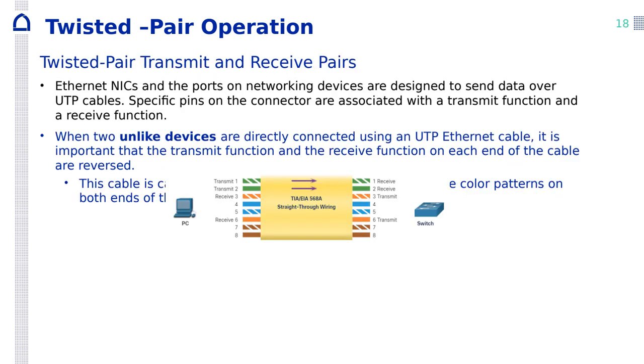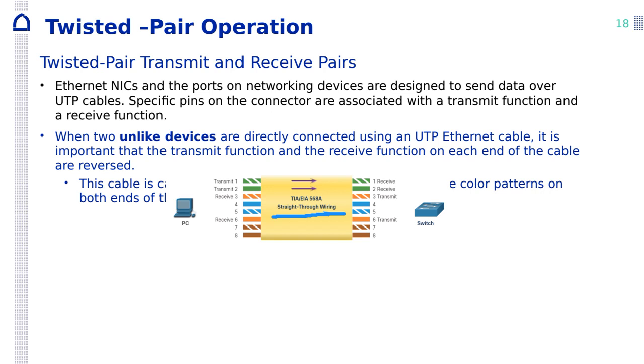This is the operation. We talked about if I have two unlike devices, meaning different devices, then I can use which cable? Straight through. Straight through wiring. You see here, it is written here, straight through cable.